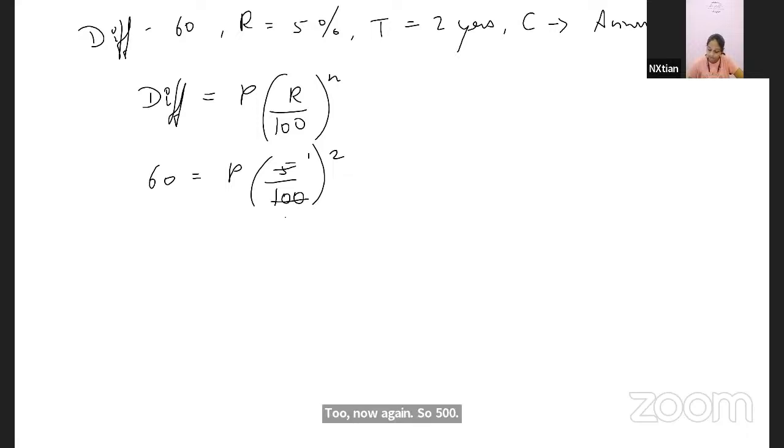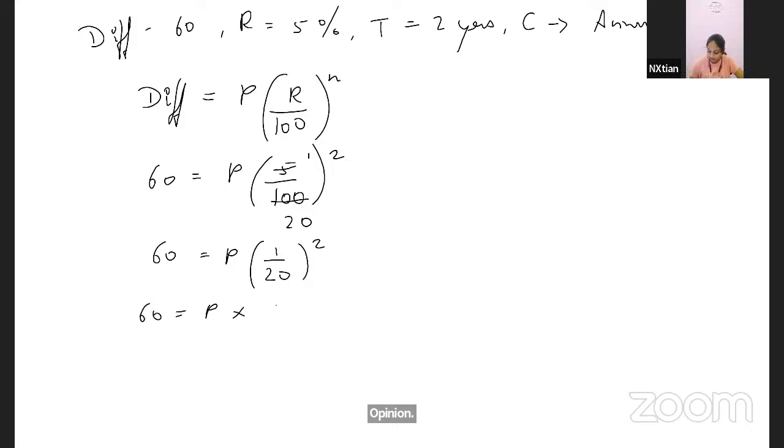So 60 equals P times 1 by 20 raised to the power 2. We can open it: P into 1 by 20 into 1 by 20. Now multiply 20 and 20, it will become P by 400.